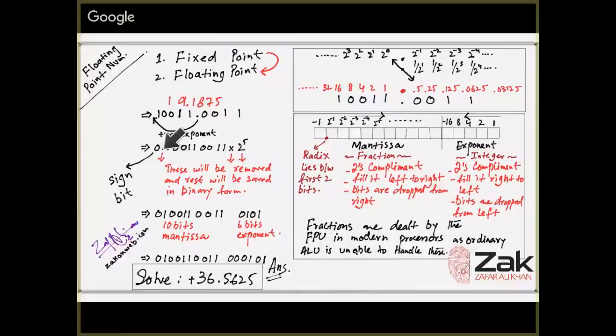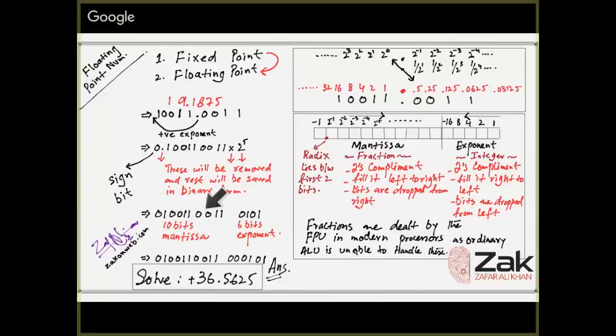Now we don't have to store this point or this multiplication or this base, so we remove all this and this becomes 0 1 0 0 1 1 0 1 1, and this 5 would become 0 0 0 1 0 1. Now we have to fill it in a 10-bit Mantissa and a 6-bit exponent.